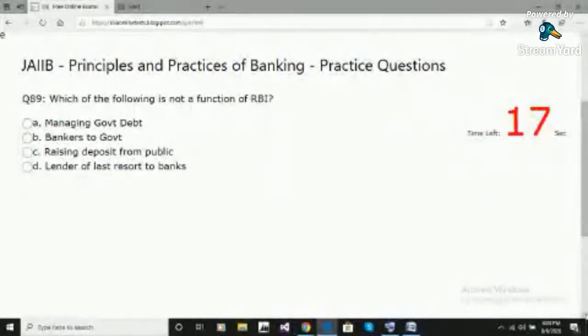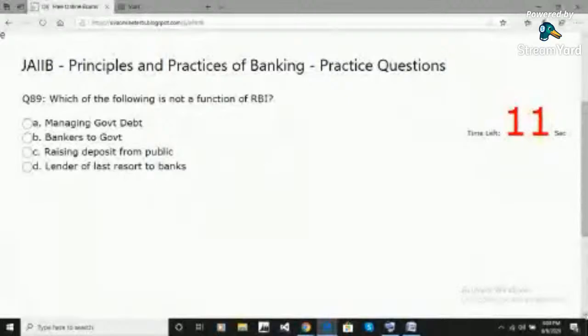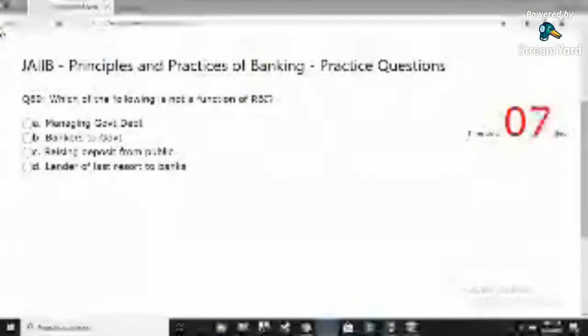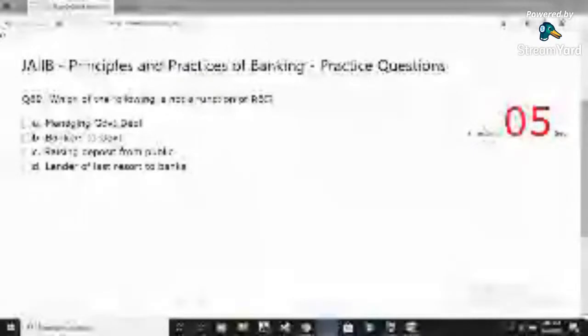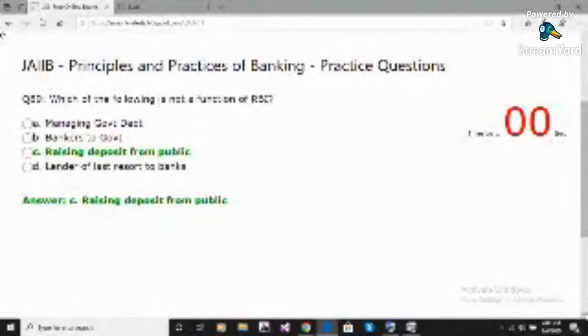Which of the following is not a function of RBI? Option A managing government debt, Option B bankers to government, Option C raising deposit from public, Option D lender of last resort to banks. Answer C. Raising deposit from public.